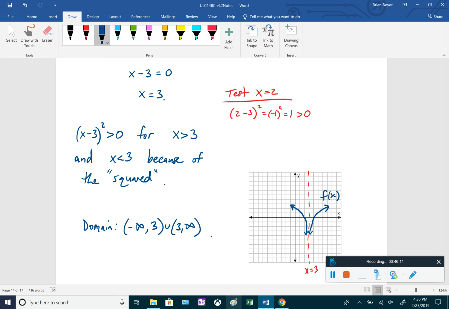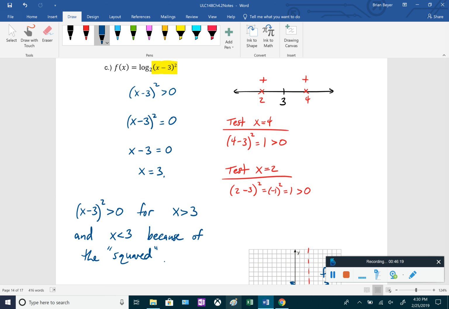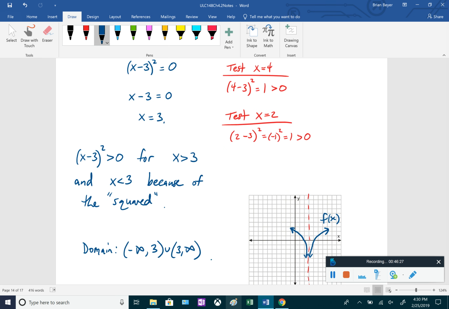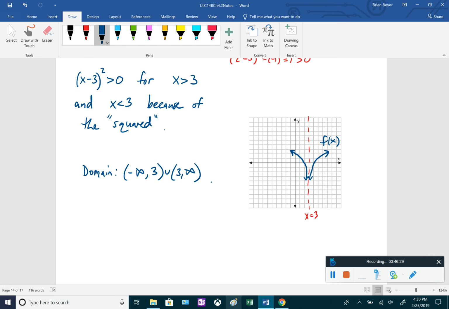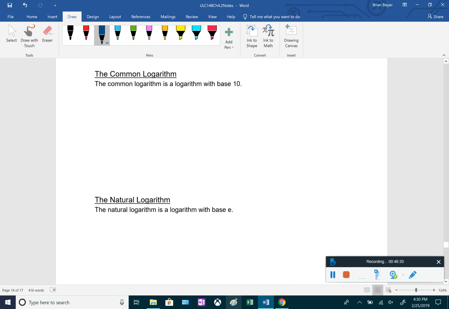So anytime you have something in this form where the input is something squared, a linear binomial in this case squared, all you have to do is recognize that the squared will make the negative portion positive after you square it, so it will also be part of the domain. So a little bit confusing for those ones.